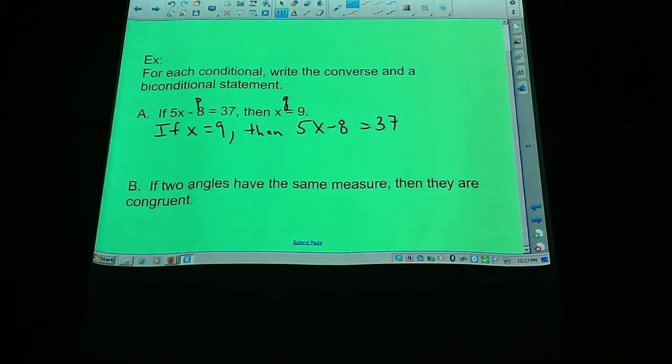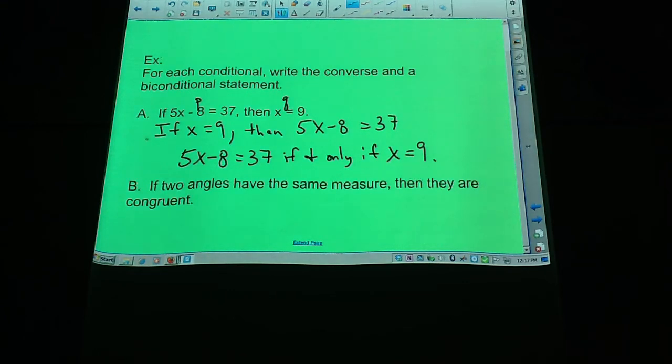So we can write this as an if and only if, which is called a biconditional statement. So to write the biconditional statement, we're going to put 5x minus 8 equals 37 if and only if x equals 9. And that would be our biconditional.